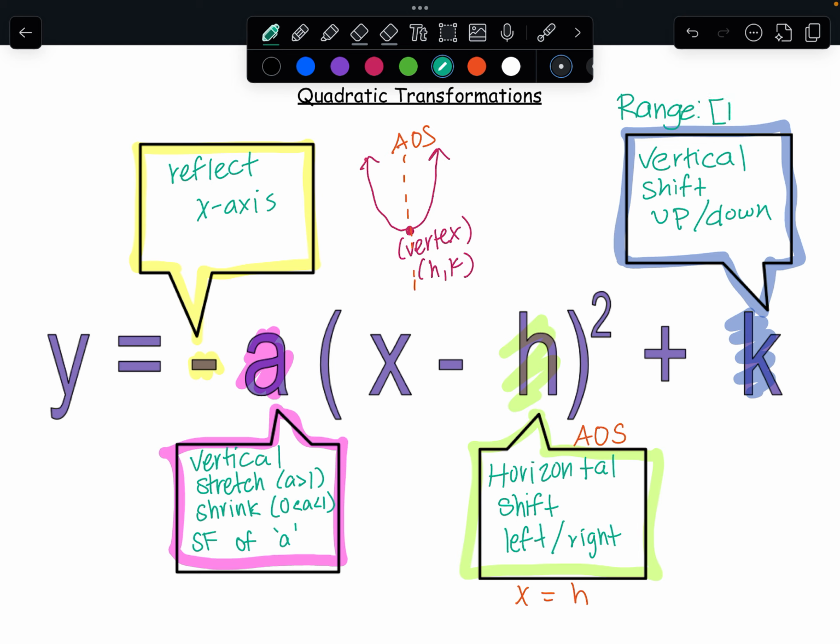It's either going to be bracket k to infinity. If it's a reflection, so if it's negative a, it's going to be negative infinity to k with a bracket. And then our parent function values are -2, -1, 0, 1, 2, 4, 1, 0, 1, 4. If you ever need them.